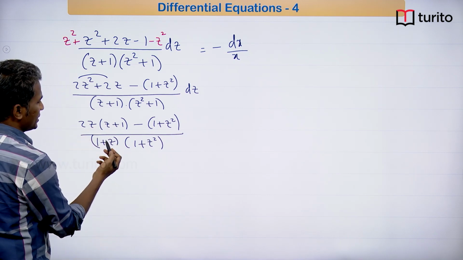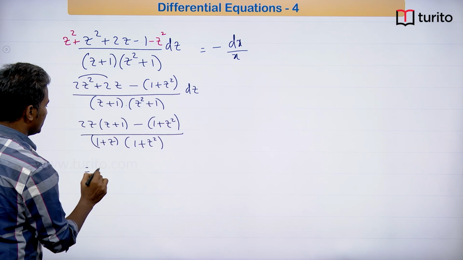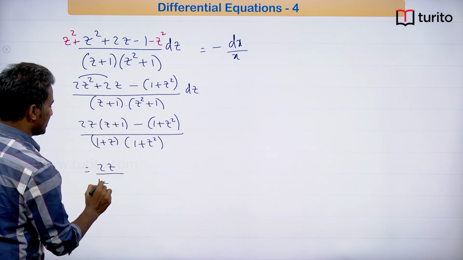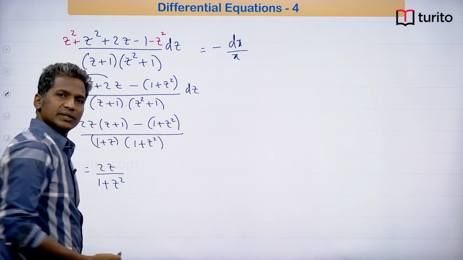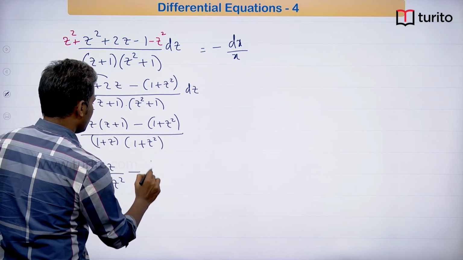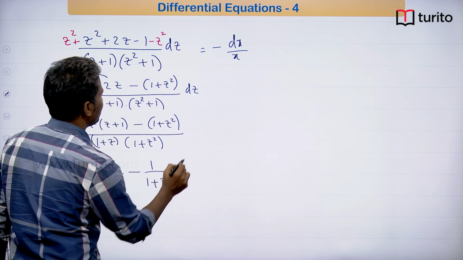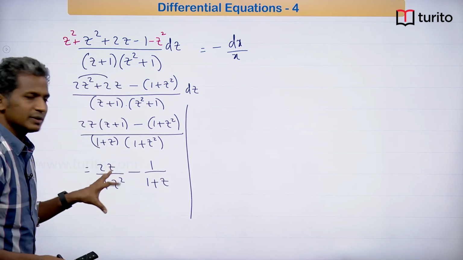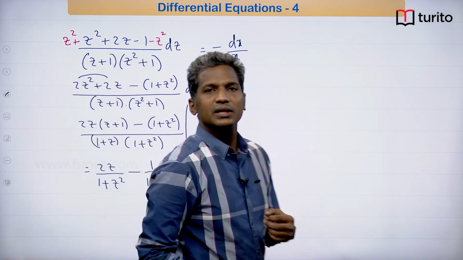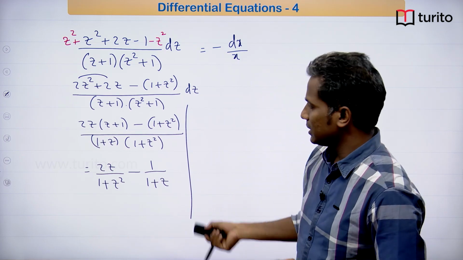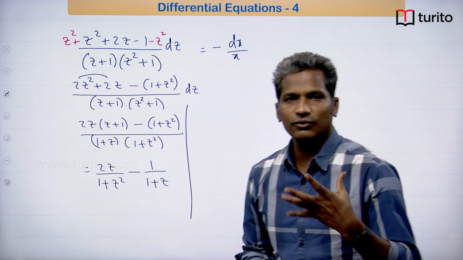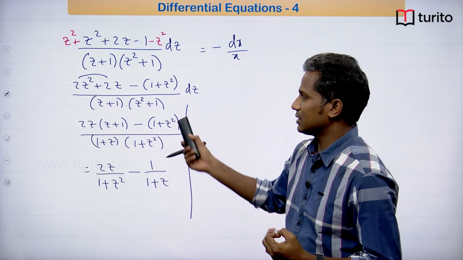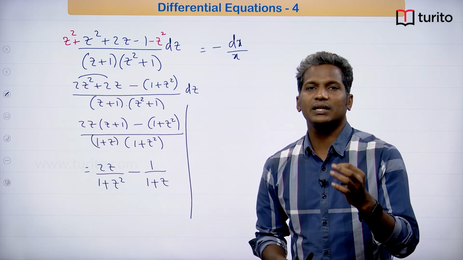When I divide the first term, z plus 1 will get cancelled, so we will get 2z by 1 plus z square, and when I divide the second term, 1 plus z square will get cancelled, so I will get minus 1 by 1 plus z. This is one kind of simplification which gave us two simple, easily integrable terms, but every time we do not get easy forms like this. It is just some pure sweet accident.